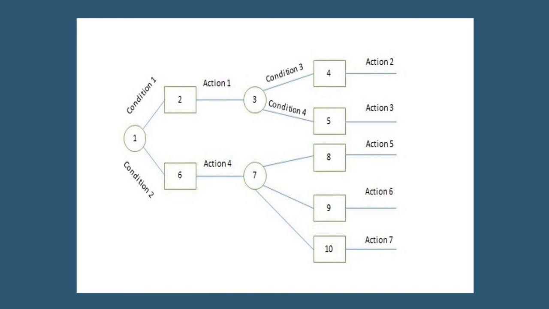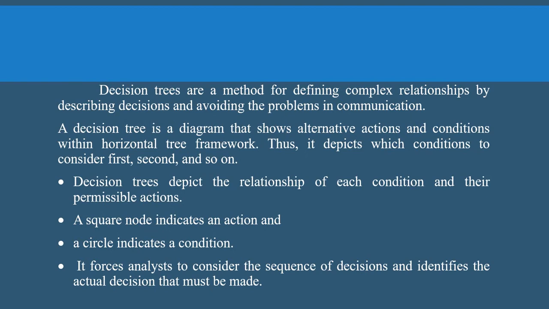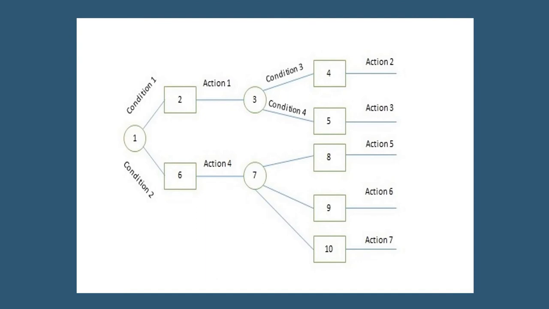Number 2 here represents the first action, and number 3 is the third condition, and so on and so forth. Please remember, the circle or an oval indicates a condition, whereas the square or a rectangle represents an action.